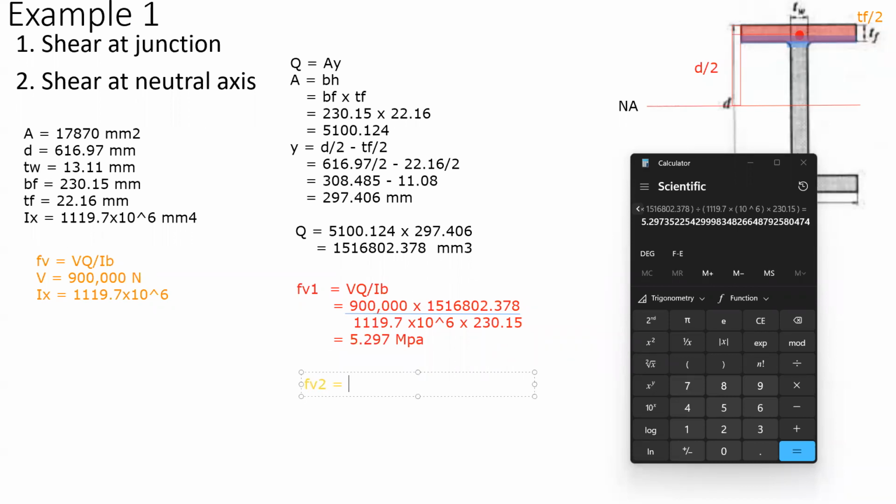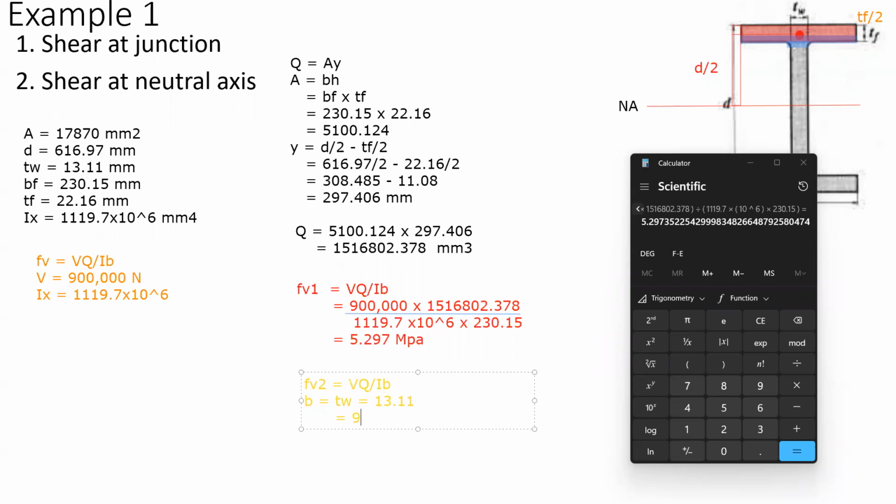FV2 is equal to VQ over IB. And our B here would be equal to your TW, and TW is 13.11. So let us put in our values.